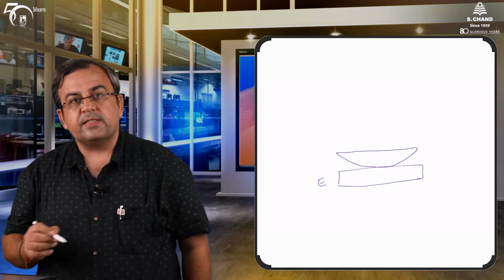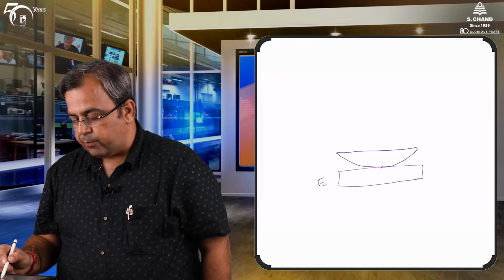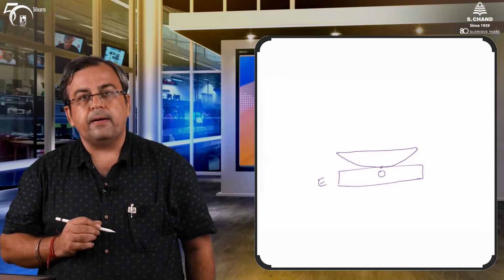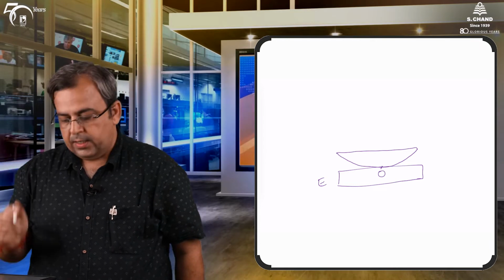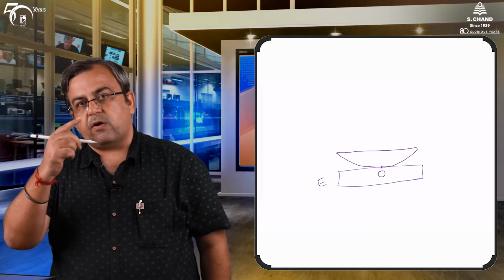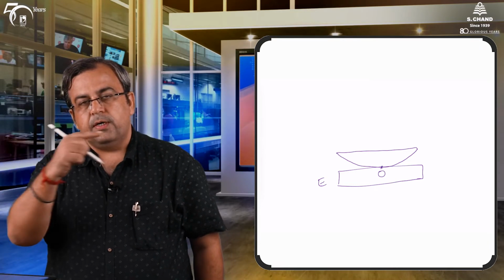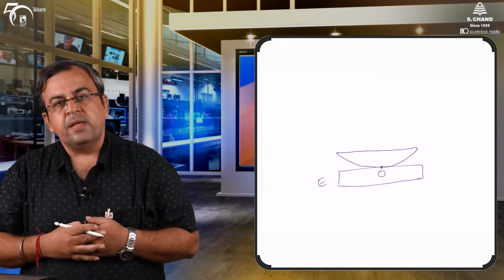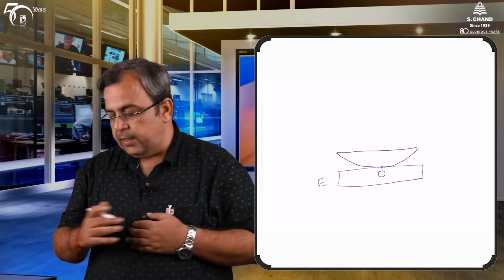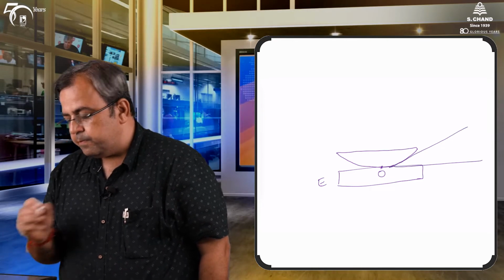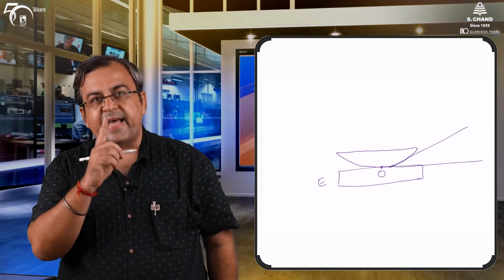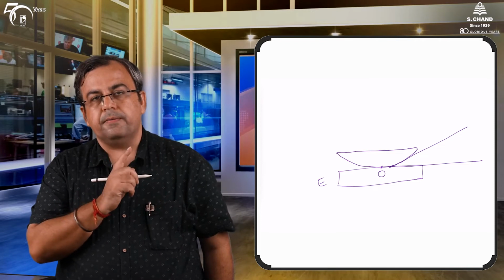This is a plano-convex lens, and the convex side is touching. Suppose the point of contact between the plane glass plate and the plano-convex lens is this. So the convex side is touching the plane glass plate. Now if you see it like this, this is exactly the wedge-shaped film we talked about earlier.